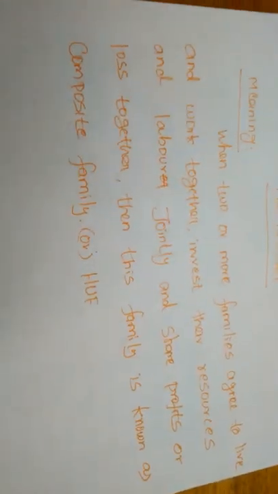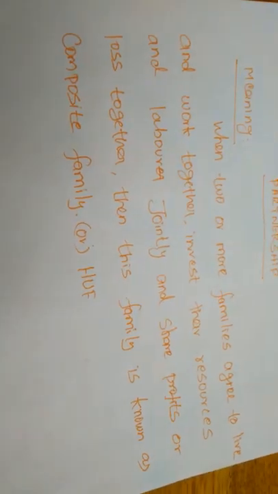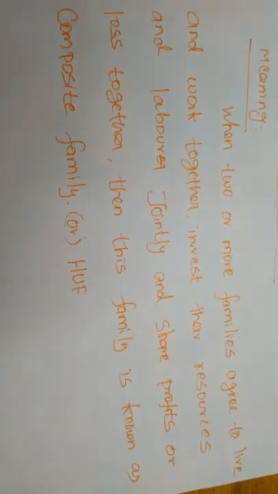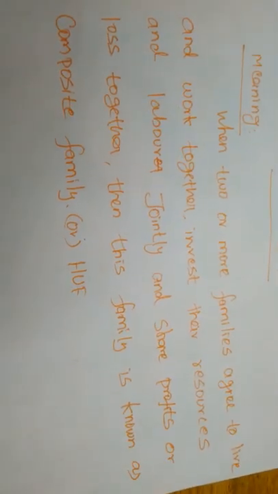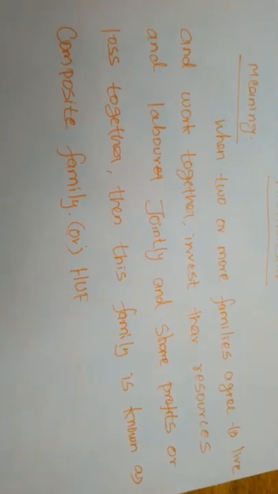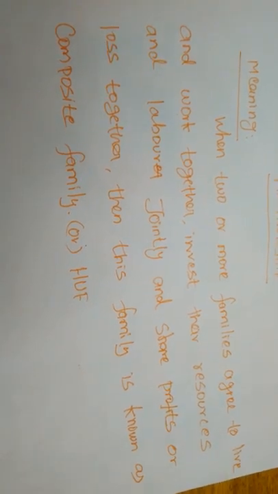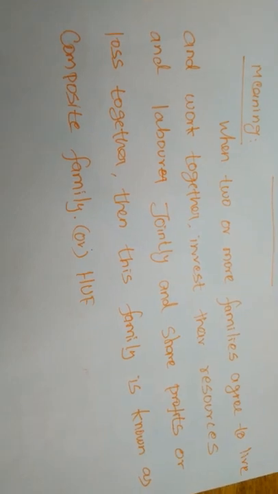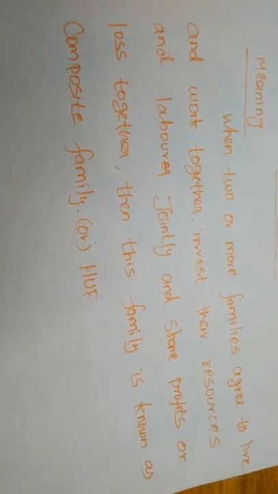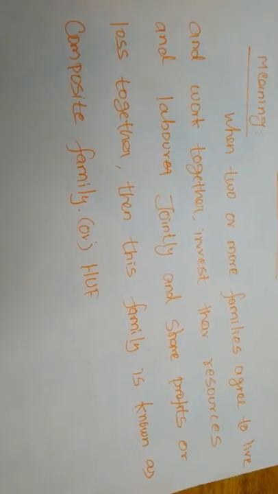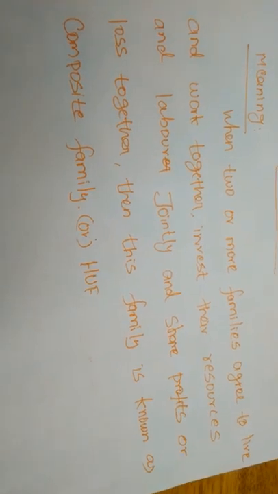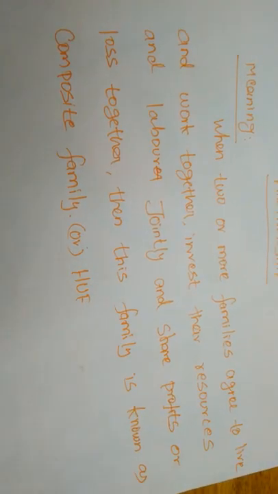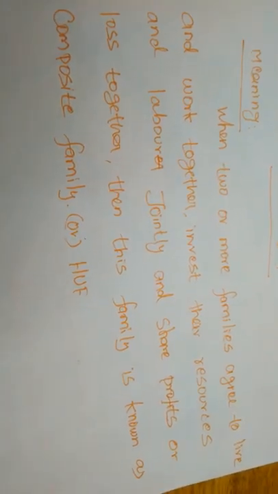First we will see the meaning of undivided family, Hindu undivided family. So when two or more families agree to live and work together, invest their resources and labor jointly and share profits or loss together, then this family is known as a composite family or Hindu undivided family.